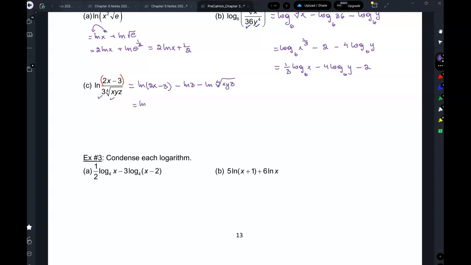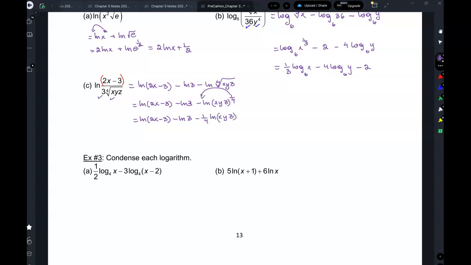So this is ln of 2x minus 3 minus ln of 3 minus ln of xyz to the 1/4. But now the 1/4 will come down. Minus 1/4 ln of xyz.